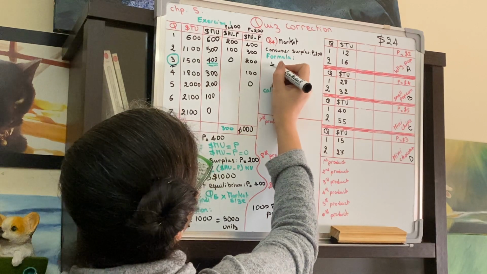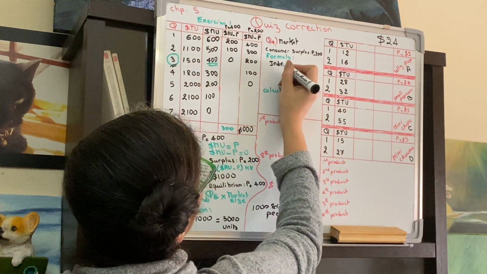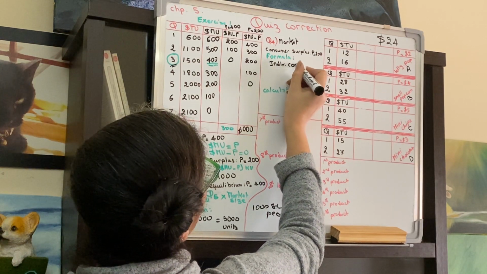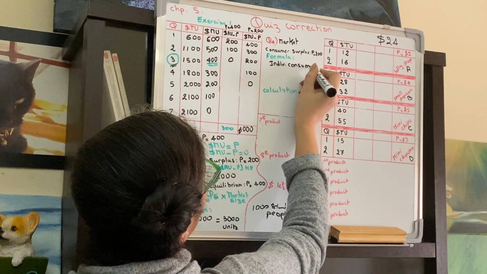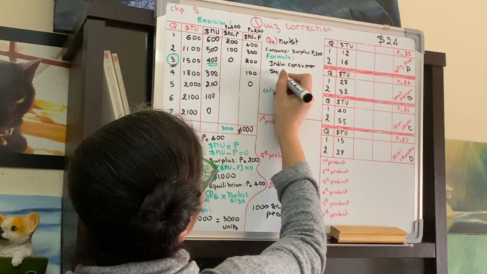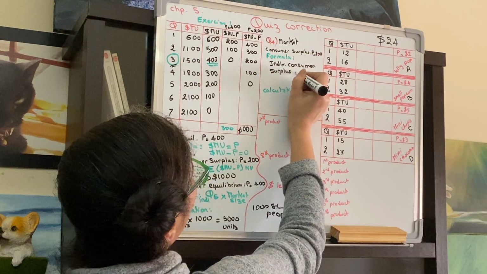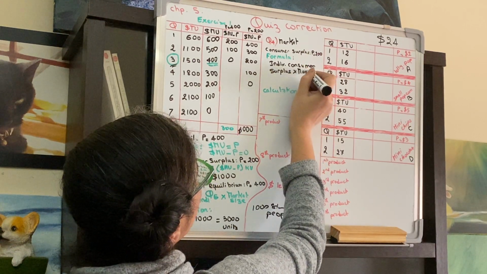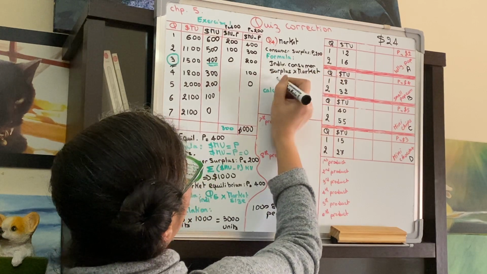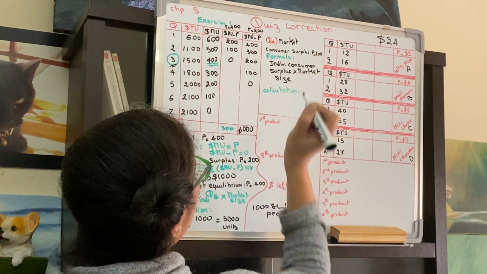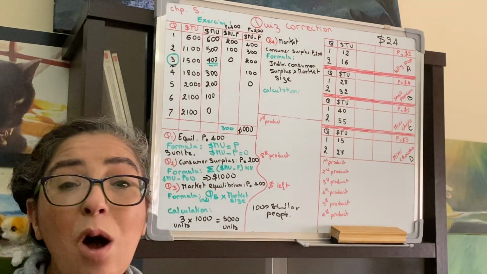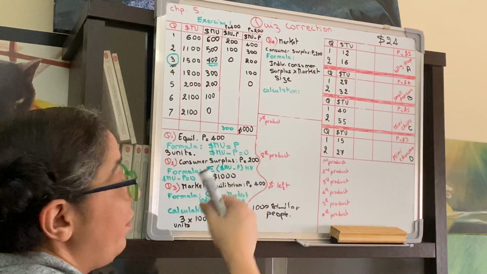So individual consumer surplus, here I have space, so I'm writing the whole thing, times the market size.